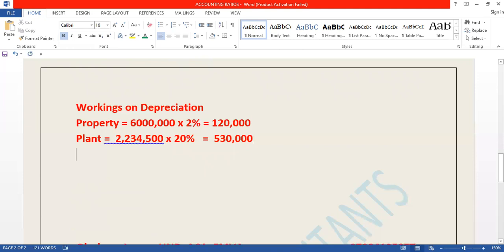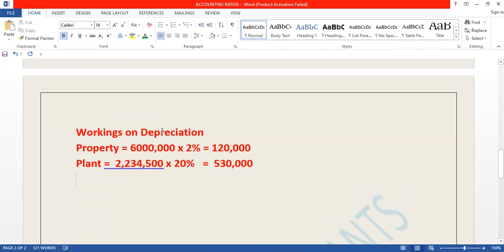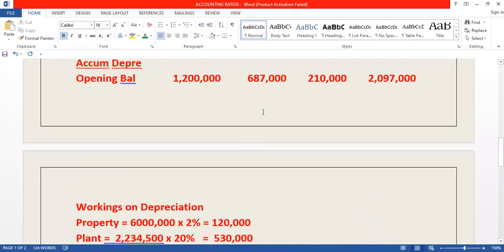Now the next one, they said on reducing balance, which is motor vehicle. On reducing balance means what is the balance of this asset now?